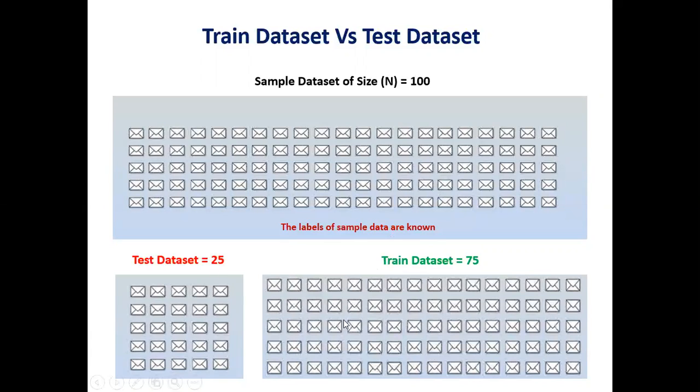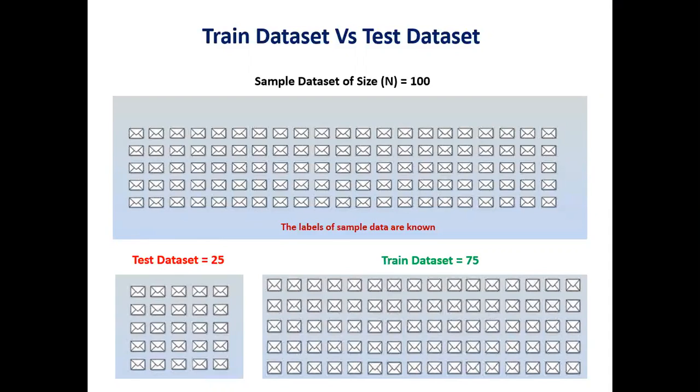And hence, this first instance is referred to as the train data set. The second instance of this original data set, which contains 25 emails, will be used to evaluate the quality of the machine learning model built using the train data set. And hence, this second instance is referred to as the test data set.